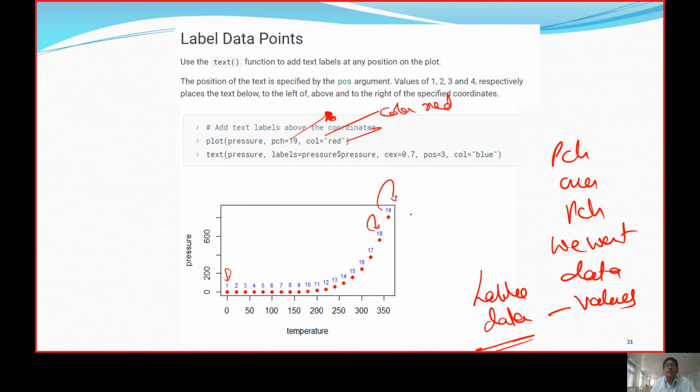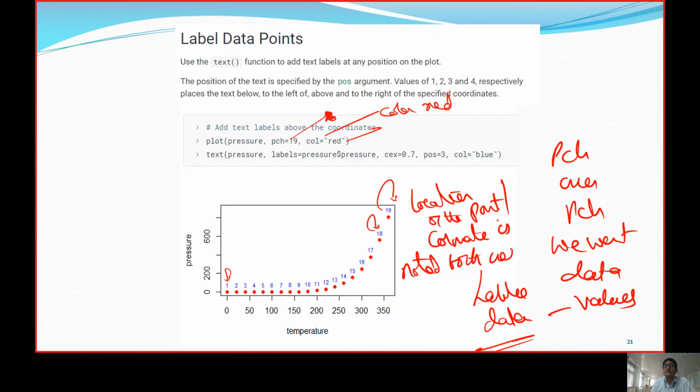At the location of the point or coordinate, it is noted with PCH. PCH is nothing but a dot followed by the value or data. We get this in the model. So in this way we are going to print it out.